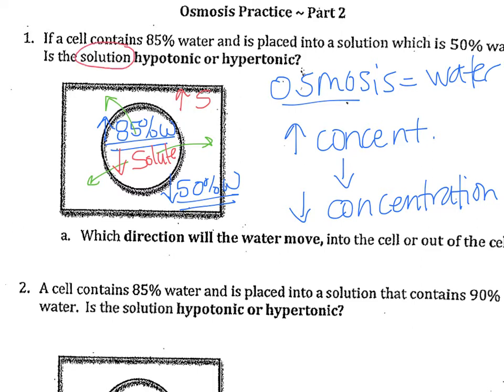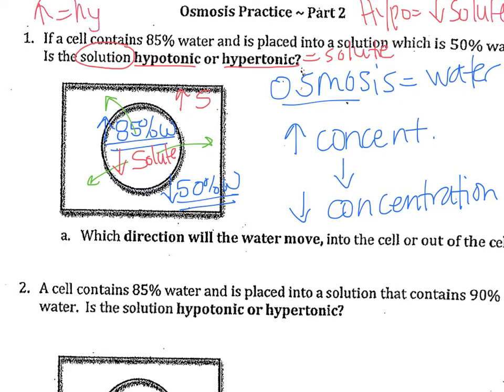And anytime we are looking at hyper versus hypotonic, we are referring to the concentration of solute. Concentration of solute. So, remember, hypo means low solute. Hyper, if you eat lots of sugar, it's lots of solute.